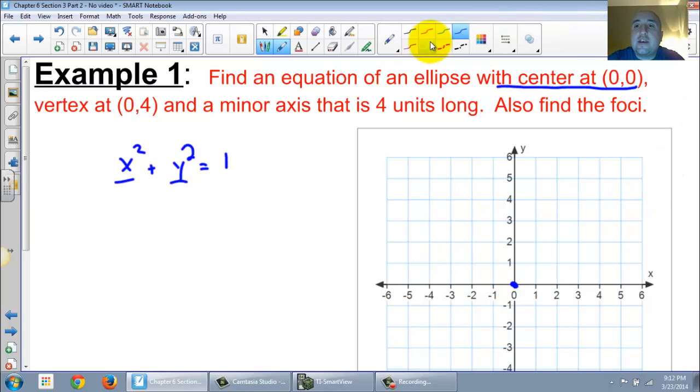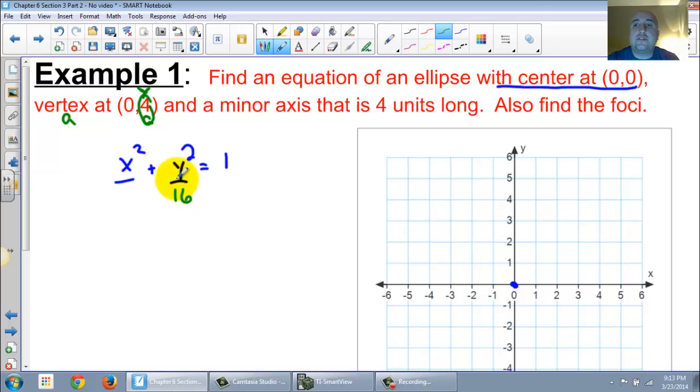Next, it is saying that our vertex, remember from part 1, vertex is little a. Here's our little a, and it's in the x or the y position. Notice that this 4 is in the y position. So if a is equal to 4 and it's in the y position, 4 squared would be 16.